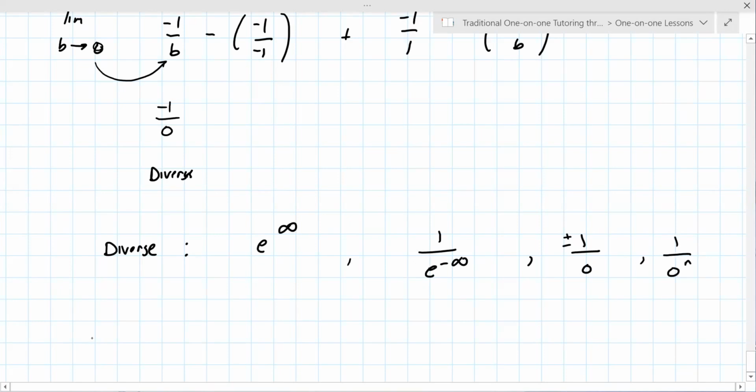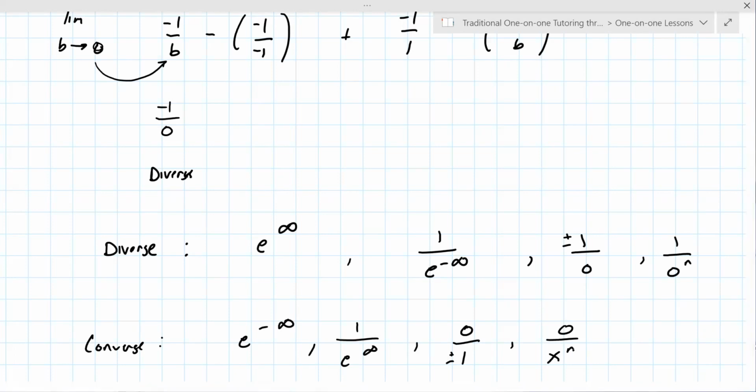That would diverge. Things that converge that you might see: e to the minus infinity, 1 over e to the infinity, 0 over 1, plus or minus 0 over x to the n. Trying to think of all these possible ones, but this is kind of what you're looking for.